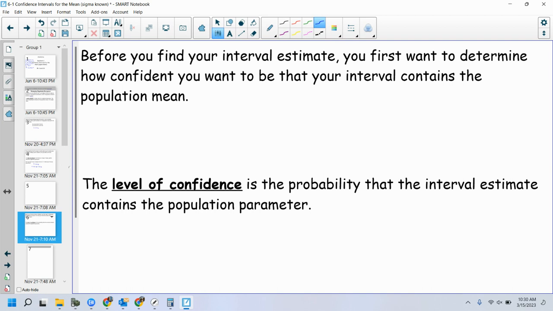Because if I allow a bigger margin, I'm going to increase my confidence, right? If I go 10 units above or below, how confident am I that that gas mileage is somewhere in there? I'm extremely confident, right? So my confidence goes way up if I increase my margin. As I decrease my margin, my confidence should go down.